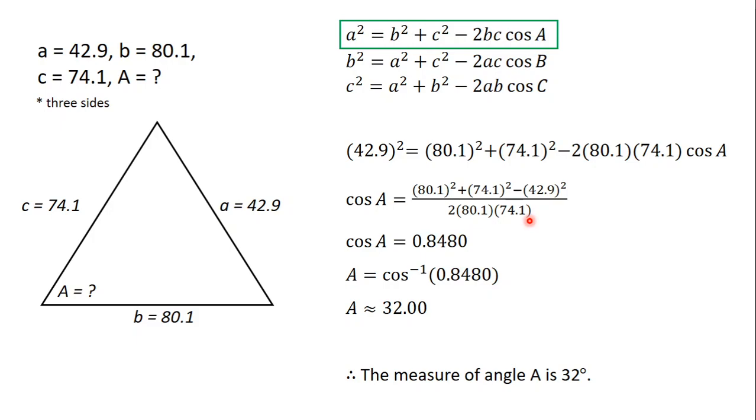Then by using our calculator, we get cosine A is equal to 0.8480.